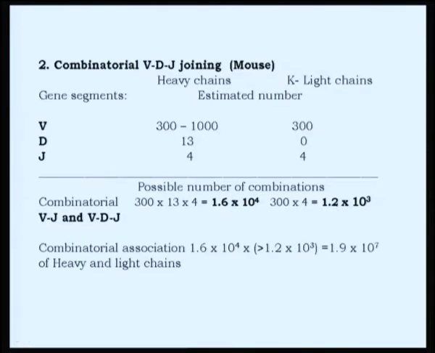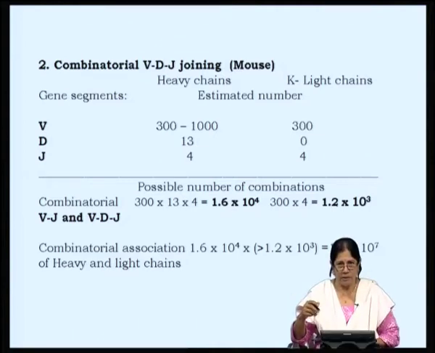So, if you have that many different V gene segments, and I have told you joining of VJ or VDJ in heavy chain is a totally random process, and therefore, one can see that this random joining is what gives rise to diversity.